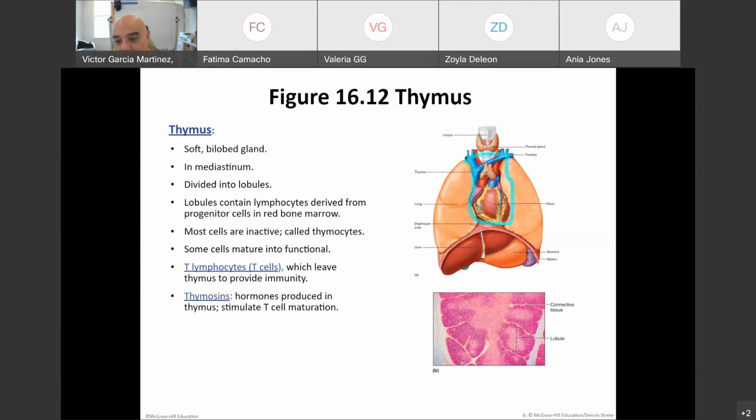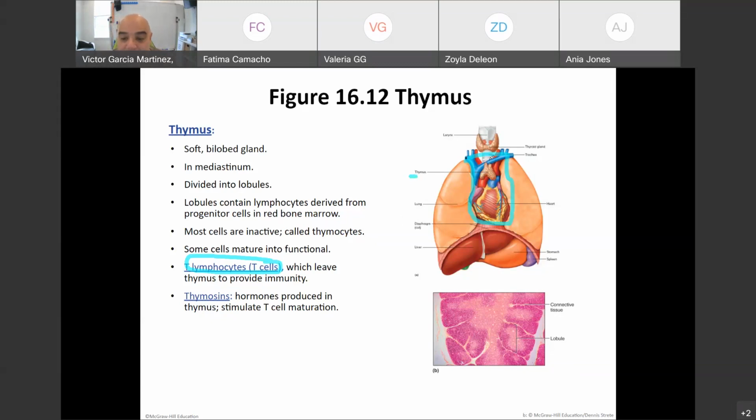We have the place for production and maturation of T cells. Again, we produce T cells in this gland, which is active before puberty, in our thymus. Actually, they are called T cells because of the thymus.